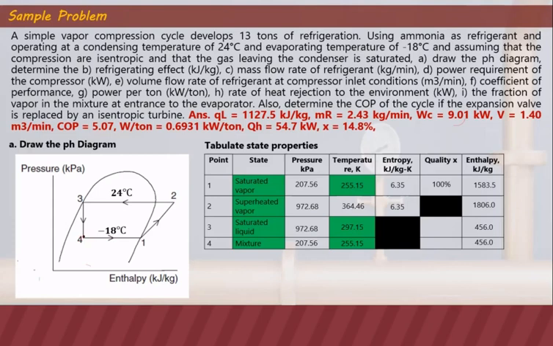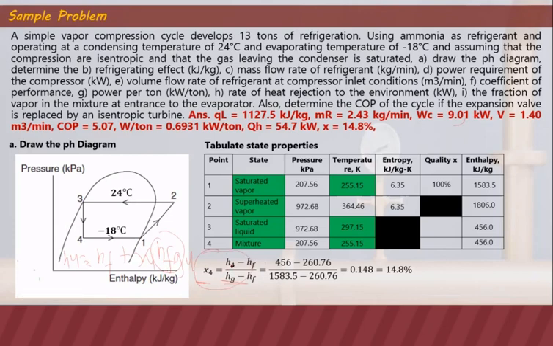So for us to determine the amount of vapor, we will just use the formula H4 minus Hf over Hg minus Hf. This comes from our formula that H4 is equal to Hf plus X4 Hfg4. If you rearrange that, then X4 will be H4 minus Hf over Hg minus Hf.